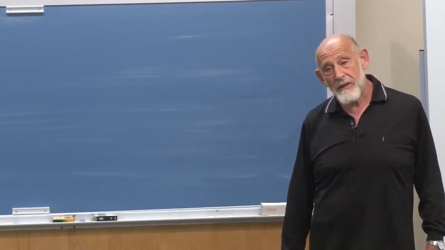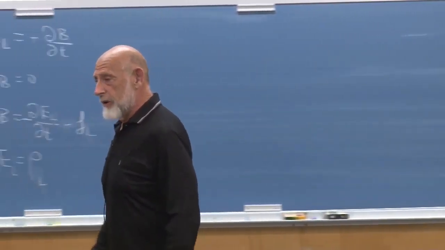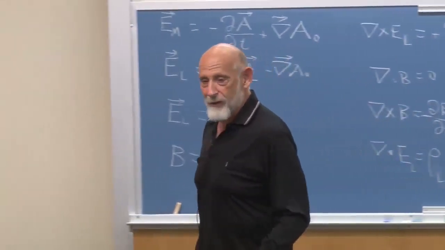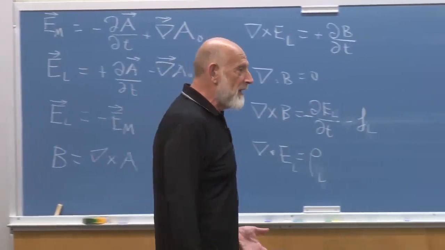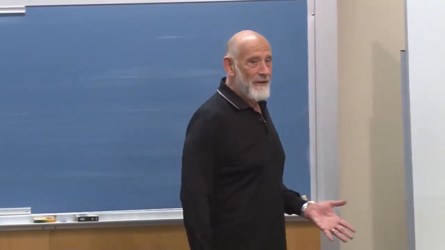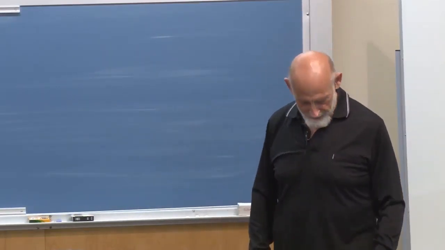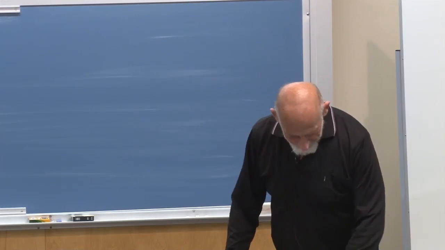And of course, at the end of the day, if you're trying to compare your theory with an experiment that's published in the Physical Review, and the Physical Review quotes a number for the electric field, you better make sure that your electric field is normalized in the same way, or has the same convention.